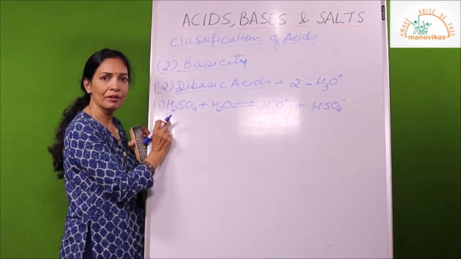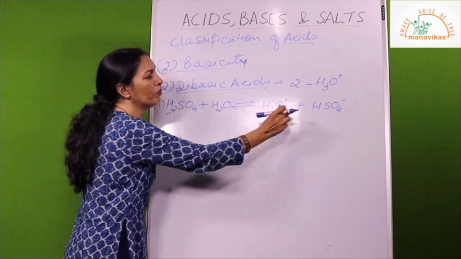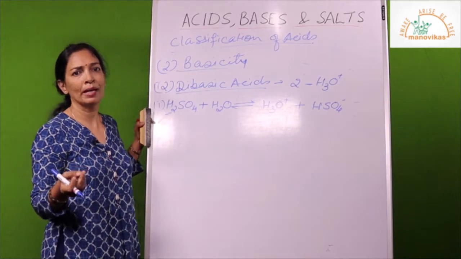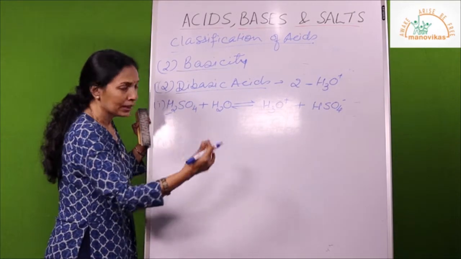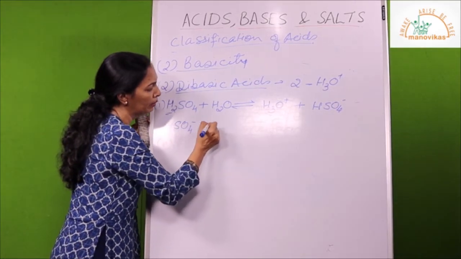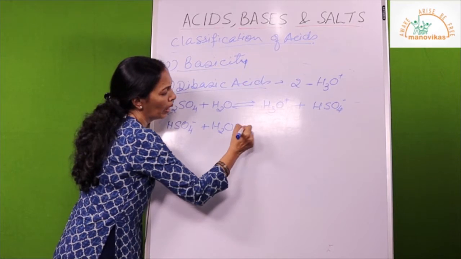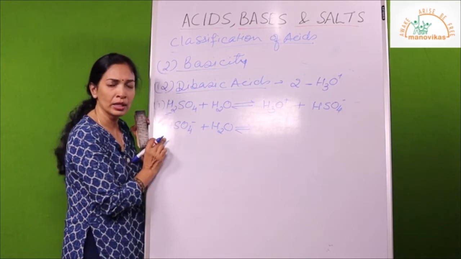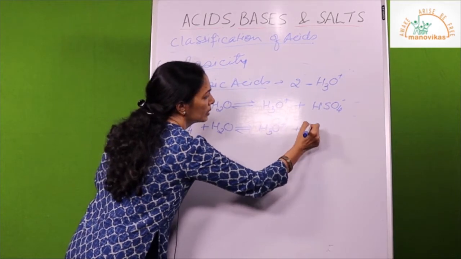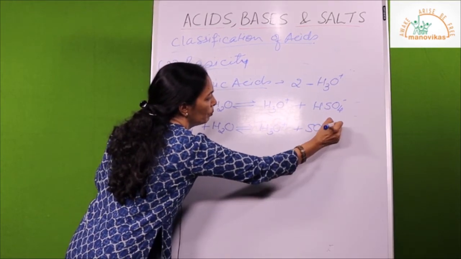One hydrogen is left behind. It has come out in the form of HSO4 ion, which you know as hydrogen sulfate ion or bisulfate ion. Second step, again this bisulfate or hydrogen sulfate ion will undergo ionization, and this hydrogen ion will come out in the form of H3O plus plus SO4 2 minus.